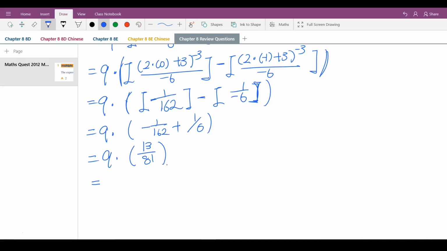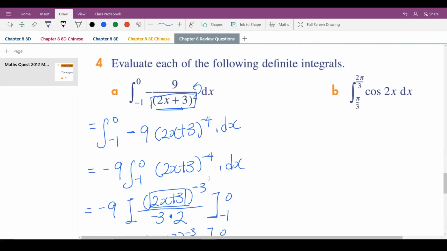And now multiply that by 9. It will give you 1 and 4 over 9. Or if you want the improper fraction version, it becomes 13 over 9. So that's the value. We have evaluated it.